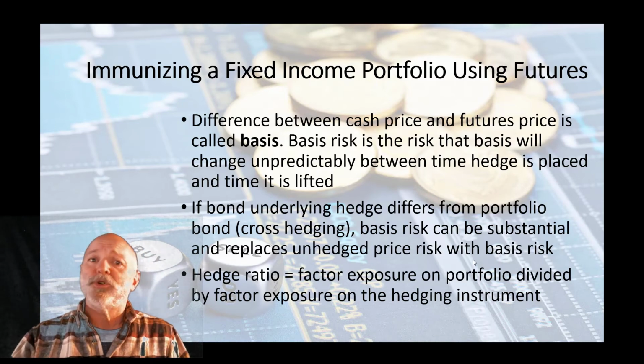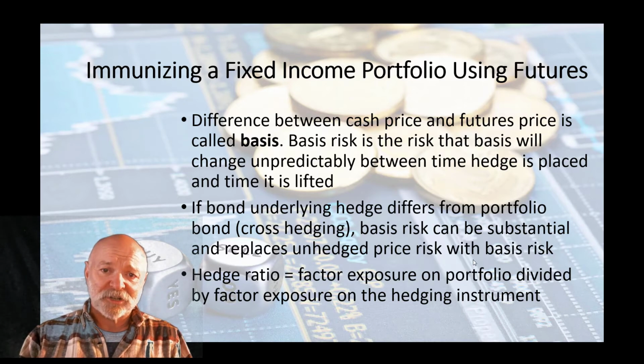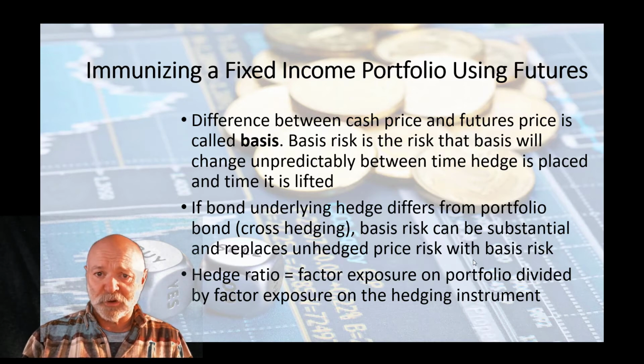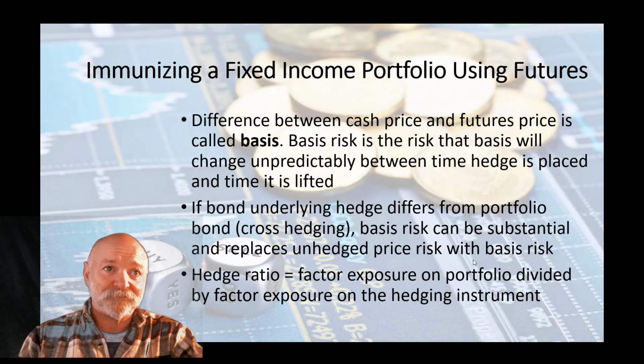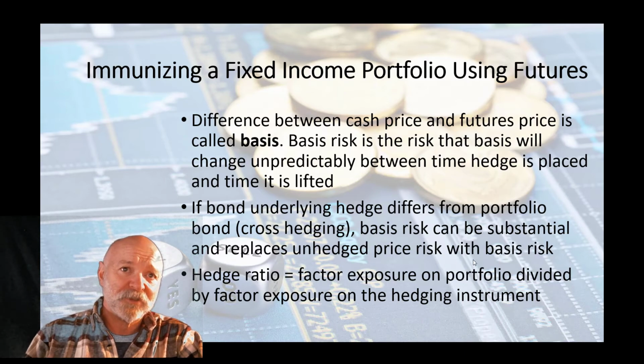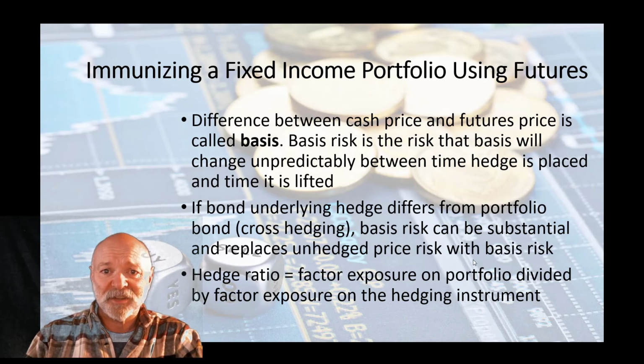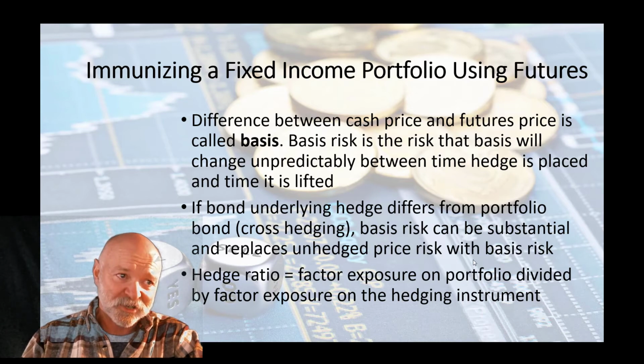For example, new information might actually change the difference between the forward price and the spot price dramatically. If the bond that is underlying the hedge is going to be different from the portfolio bond, then the basis risk can be substantial, and there's a chance that we'll end up losing more money on the protection than we had originally at risk.